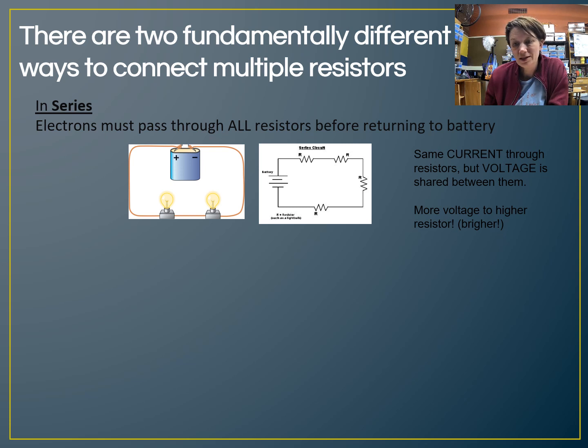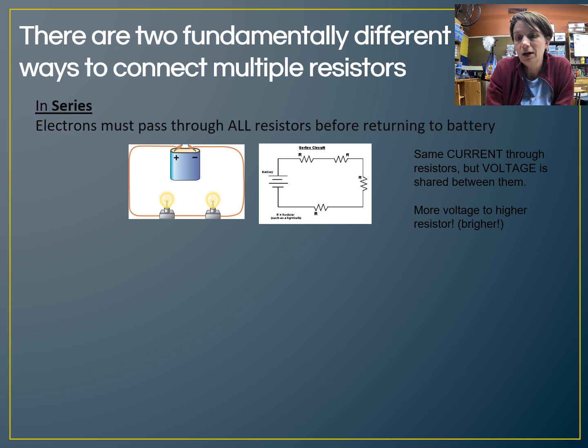When you connect things in series, logically, it should follow that there is the same current through all of those resistors. According to the junction rule, there are no junctions. Therefore, the current into each resistor is the same as the current out and the same as the current into and out of the battery. However, the voltage used at each of these resistors is going to be sharing the voltage from the battery, right?